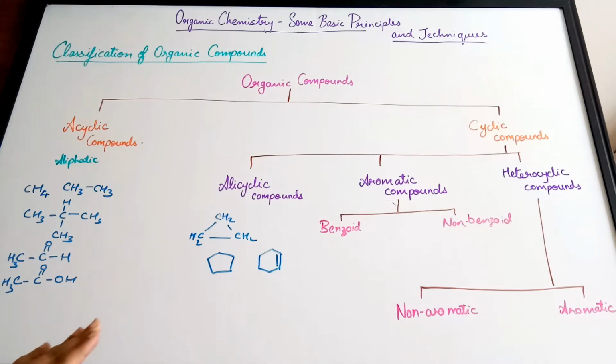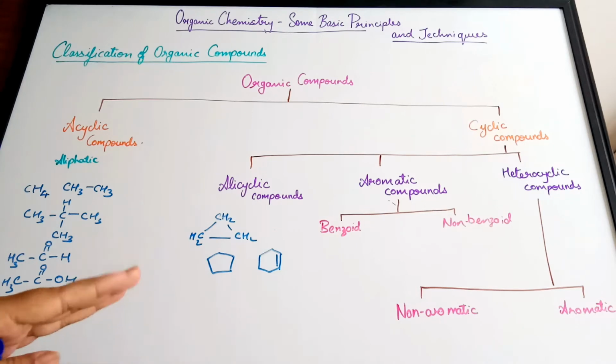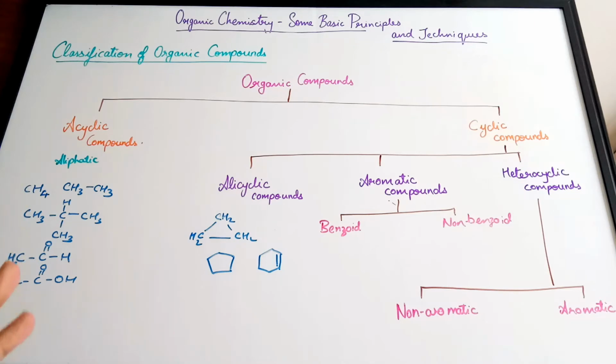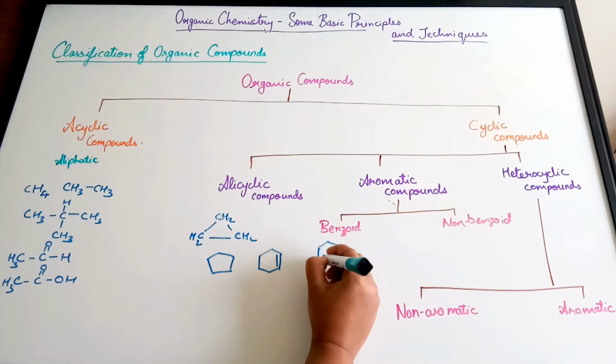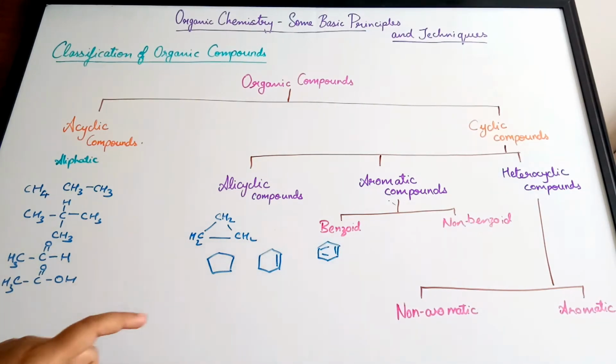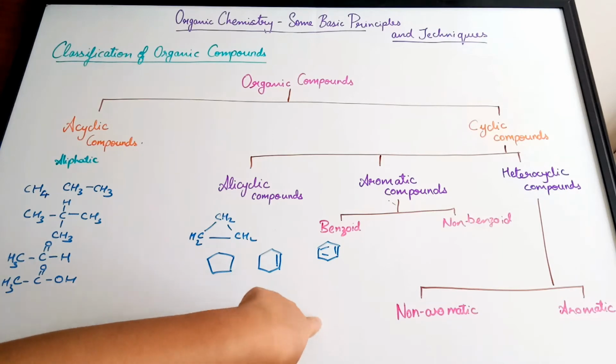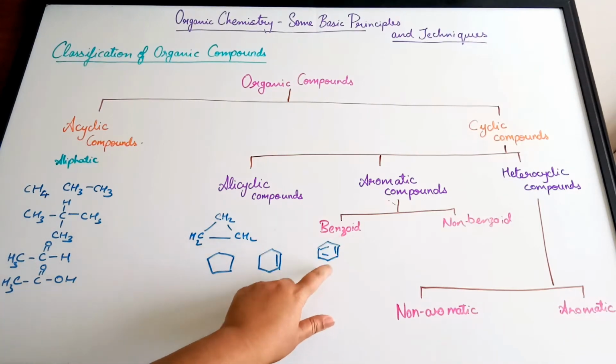Now aromatic compounds have specific properties. I think you'll be learning about this in detail. Aromatic compounds have to follow three rules, and they are basically classified into two, benzoid and non-benzoid. Benzene is a six-membered ring with three alternate double bonds, and all the benzoid compounds will consist of the benzene ring.